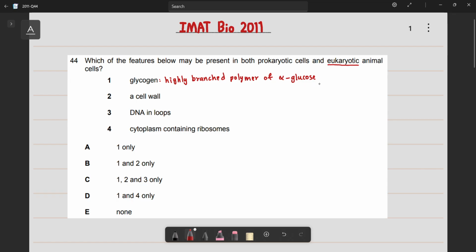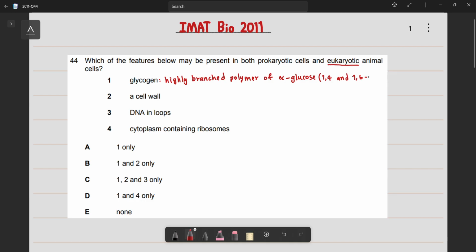Alpha glucose are the monomer units that join together to form glycogen. Most importantly, the alpha glucose units are joined by glycosidic bonds, 1,4 and 1,6.